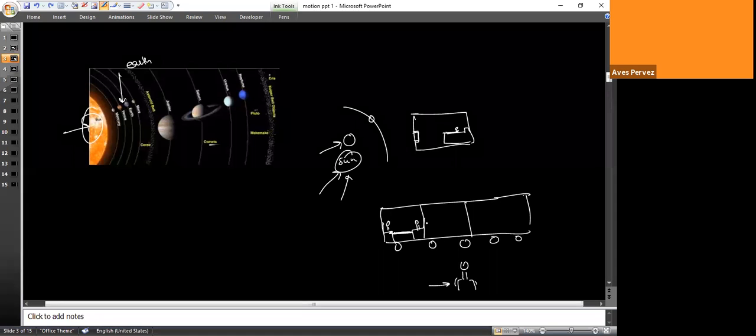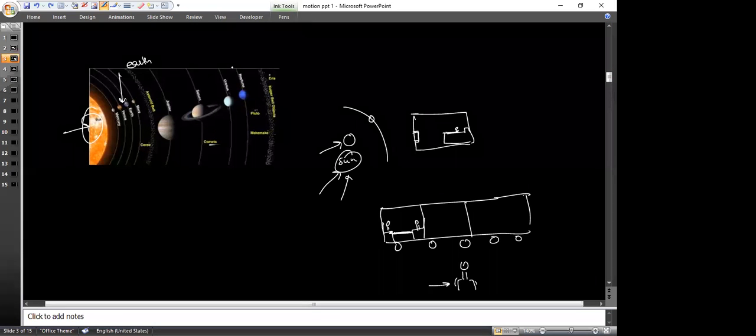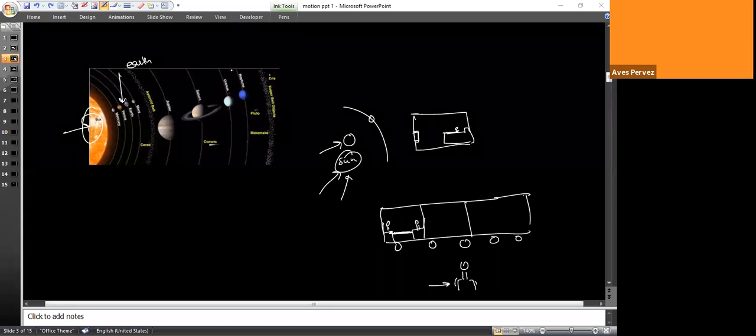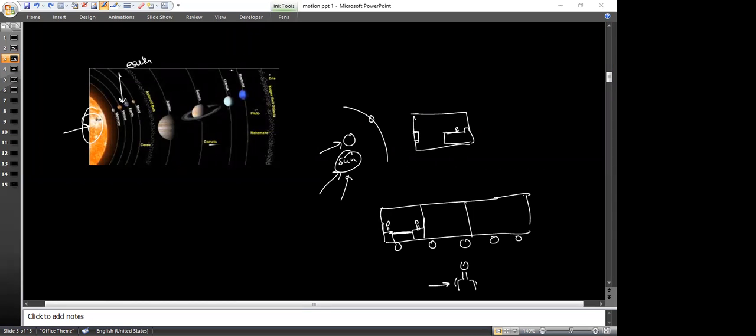Do you understand, dear student, what motion is? You understood, beta? Yes. Sara, Mantha, Hamna, Veer, did you understand, beta? Do you have any doubt regarding this topic, that is, what the reference point is? Yes, sir. No, sir.